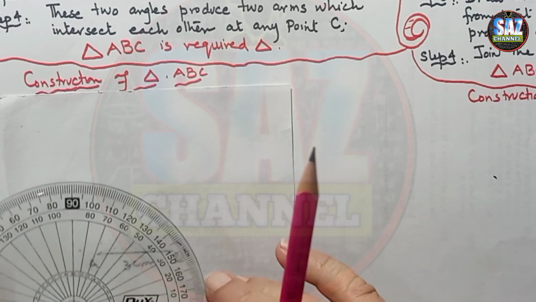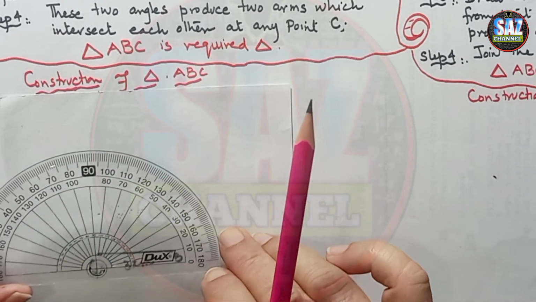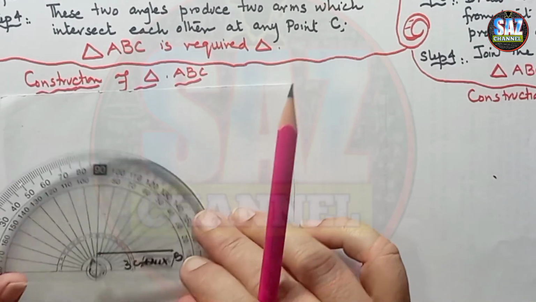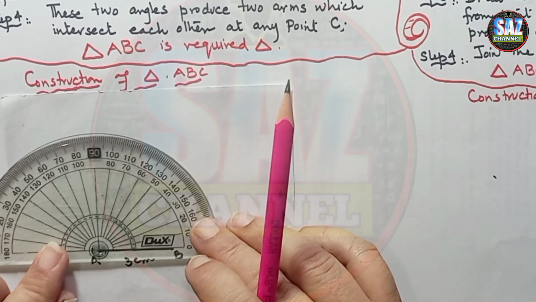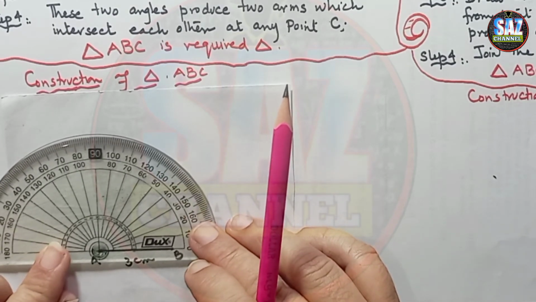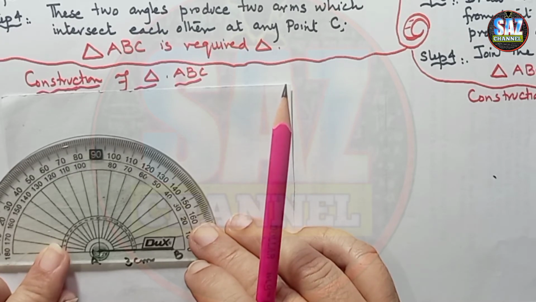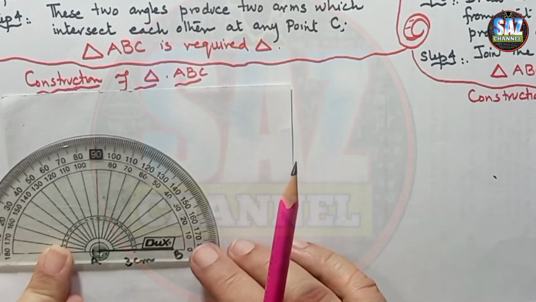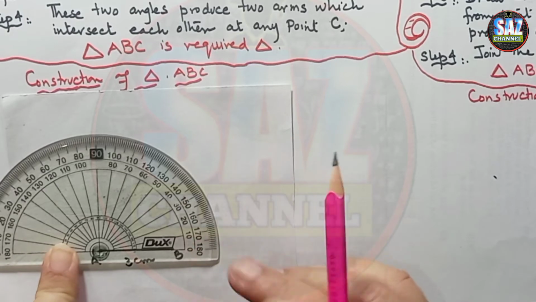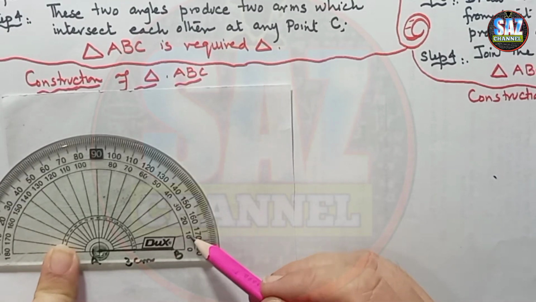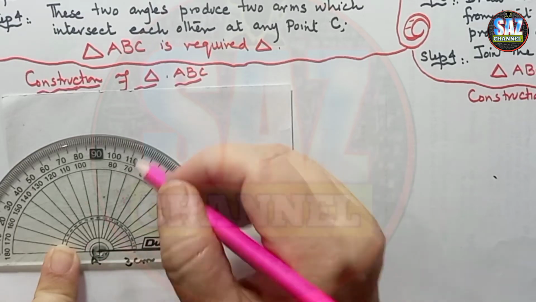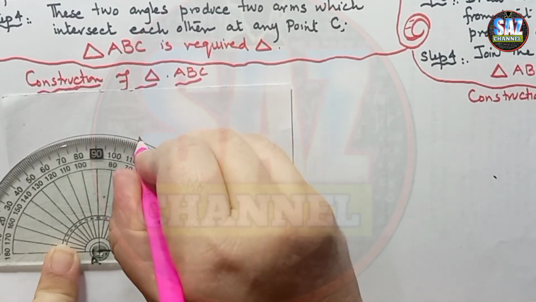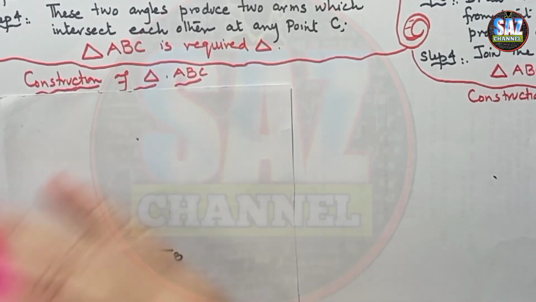So I have to keep this circle on vertex A. The center of this circle will be at point A, and this 0 line has to hide the already drawn line. Then I have to measure 70 degrees: 0, 10, 20, 30, 40, 50, 60 and 70, and I have to mark a point here.